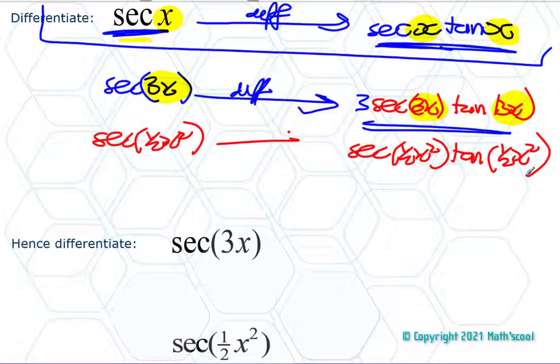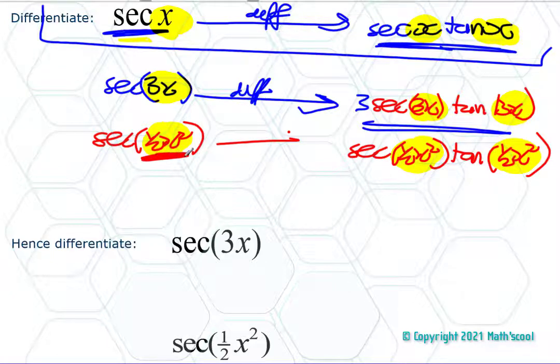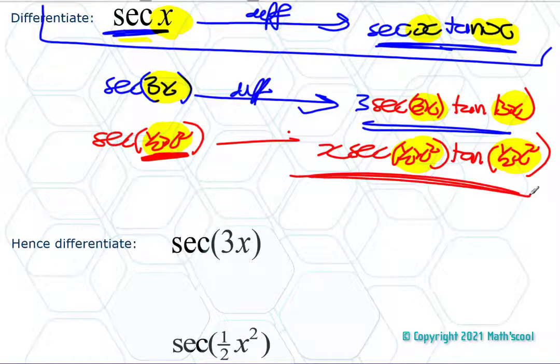They'd be wrong, but they wouldn't be far wrong. They realise that if you replace that x with a half x squared, then you've got to replace those two x's with a half x squared. But they forgot that that means you're now applying the chain rule because you've got brackets, so you need to multiply by the differential of the brackets, and the differential of a half x squared is, well, it's just x. So there's the correct answer.